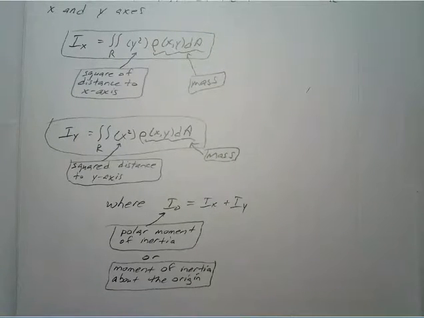So if you see either the polar moment or moment of inertia about the origin, that's what they're asking for. All right. So if you are still writing, feel free to press pause. But we're going to go ahead and move on to our example.